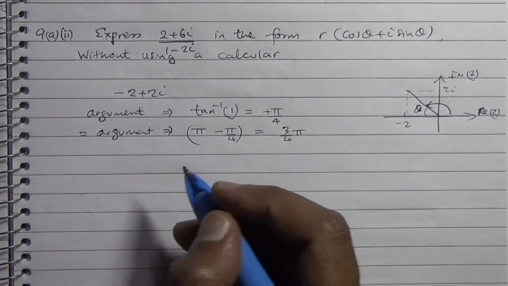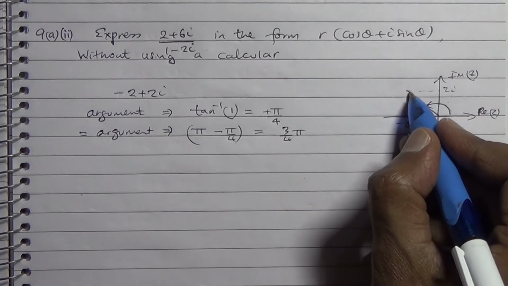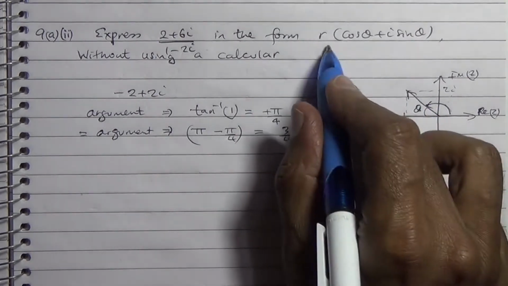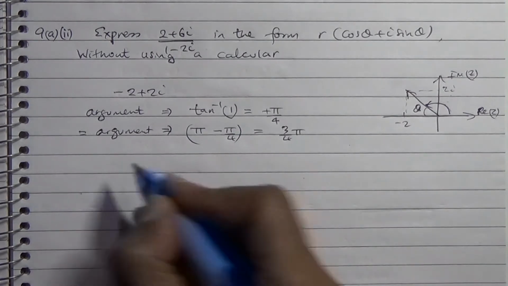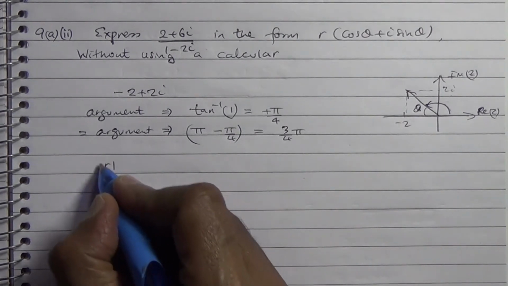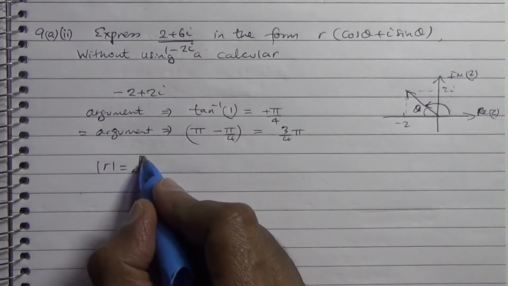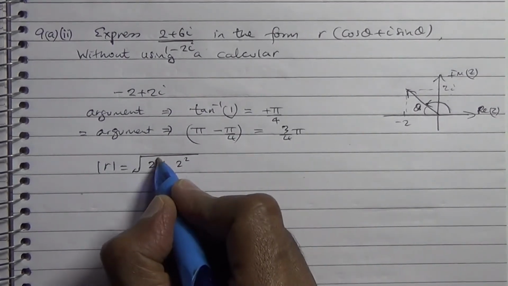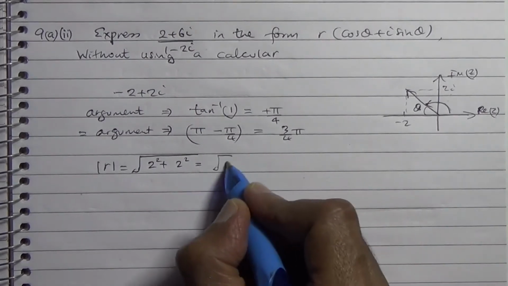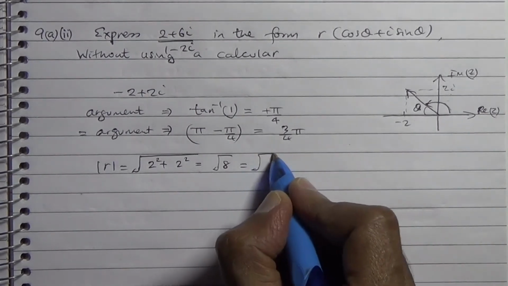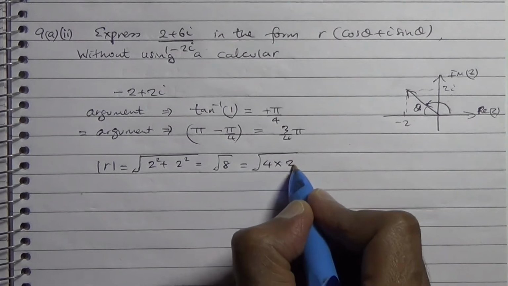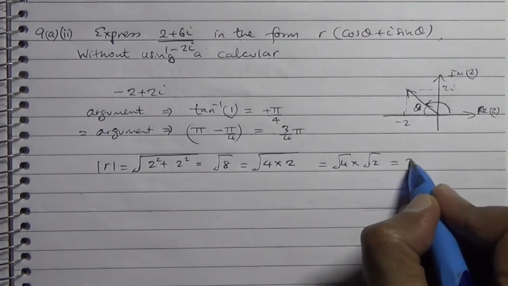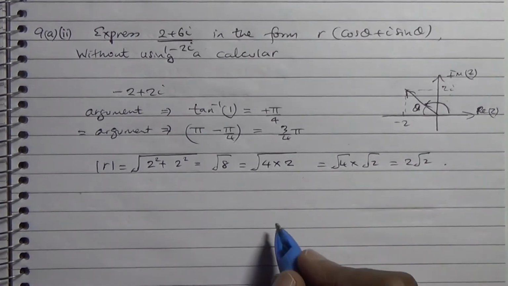Anyway, let's move on to find the length here, the modulus r. We can use Pythagoras' theorem. So 2 squared plus 2 squared is the square root of 8, which is the square root of 4 times 2, and the square root of 4 times the square root of 2 is 2√2.